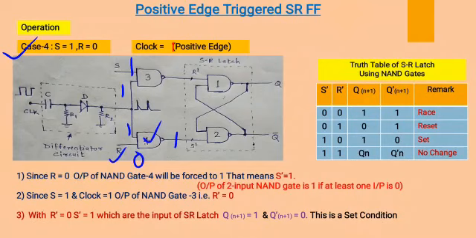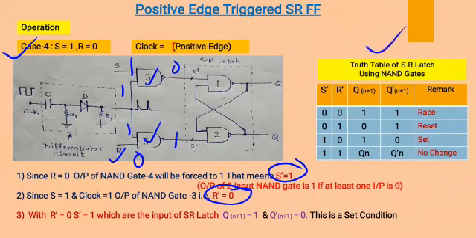That means S dash will become 1. And for NAND gate 3, S is 1 and the clock input is also 1. So for 1 1, the NAND gate outputs 0, by which R dash becomes 0. So after this we get R dash as 0 and S dash as 1, which are the inputs to the SR latch.